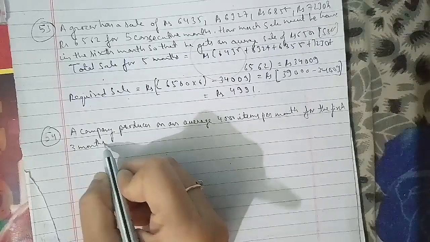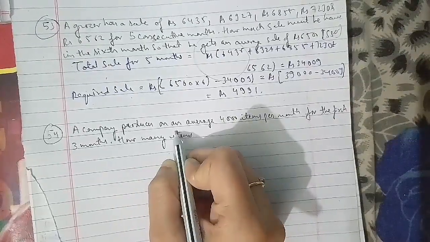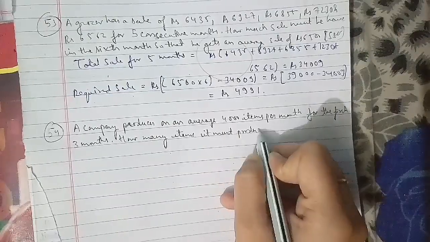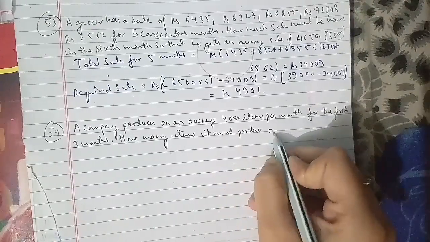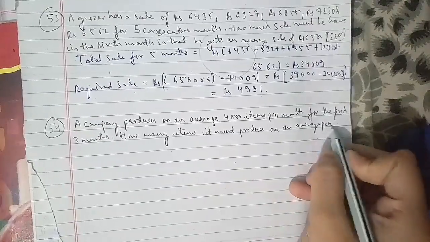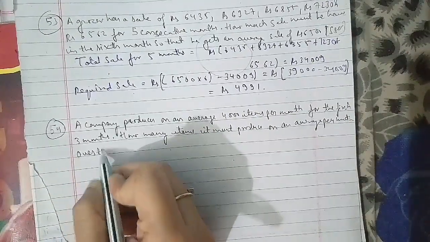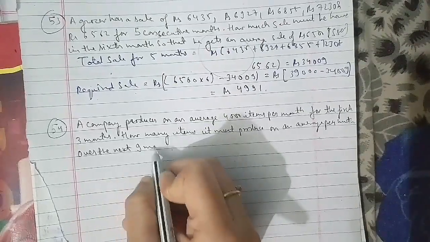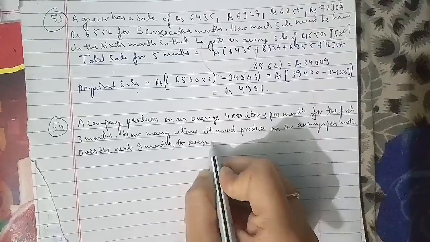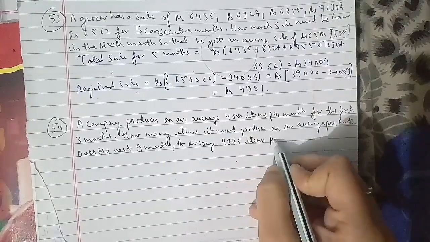How many items must it produce on an average per month over the next 9 months, to average 4,375 items per month over the whole year?